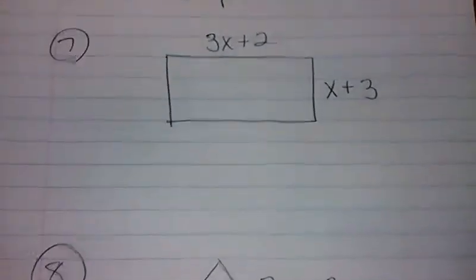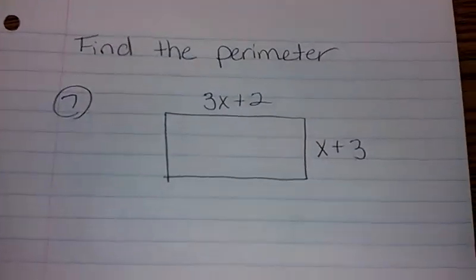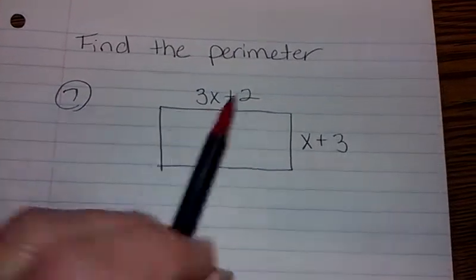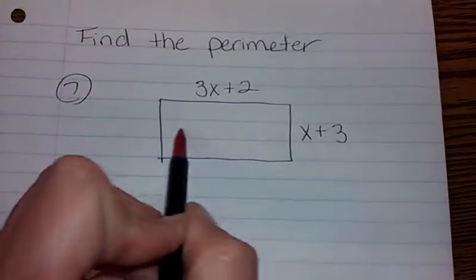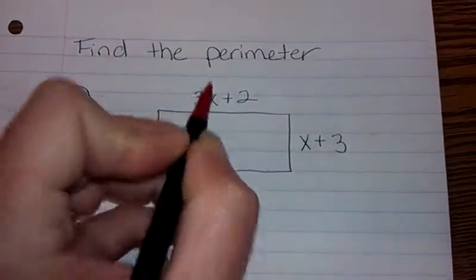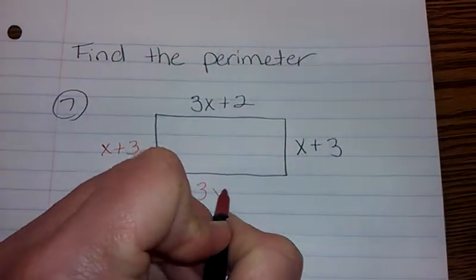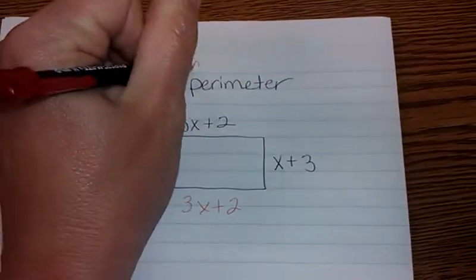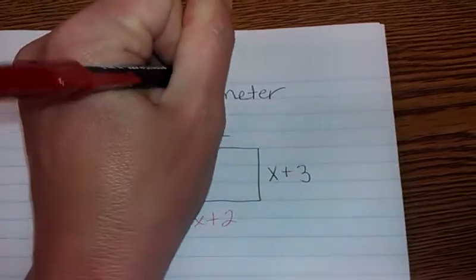Now let's look at number 7. It says to find the perimeter, and it gives us a shape and it has 2 of the sides labeled. Well, we know on a rectangle that both the opposite sides are the same. So this will be x plus 3, and this one will be 3x plus 2. Now perimeter means to add up all sides.